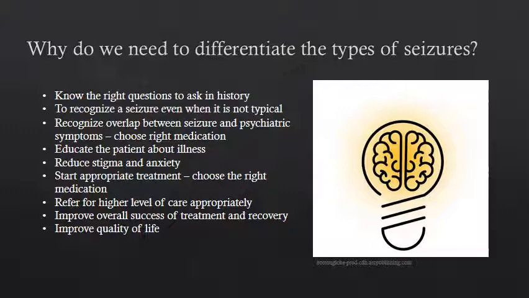Also, it helps us know our own limitations and know when to refer the patient for higher level of care when needed. Understanding a patient's symptoms in detail helps improve overall success of treatment and recovery, and ultimately improve quality of life of patient.